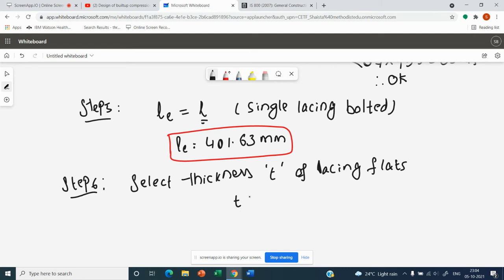It shall be more than effective length by 40 for single lacing. So let us see how much is effective length, 401.63 by 40. It is coming to be 10.04 mm. So our thickness shall be more than 10.04.